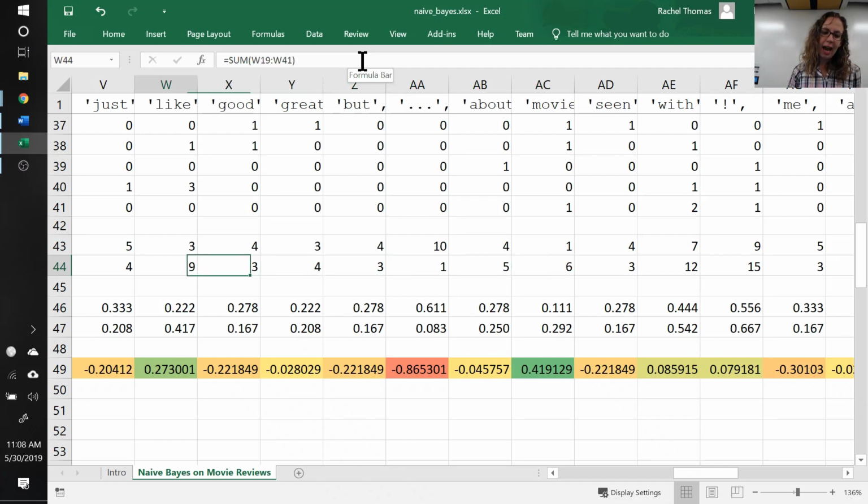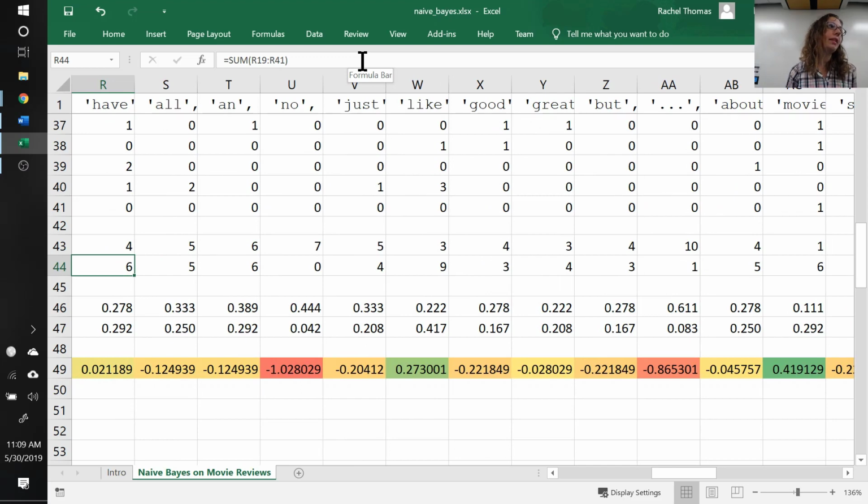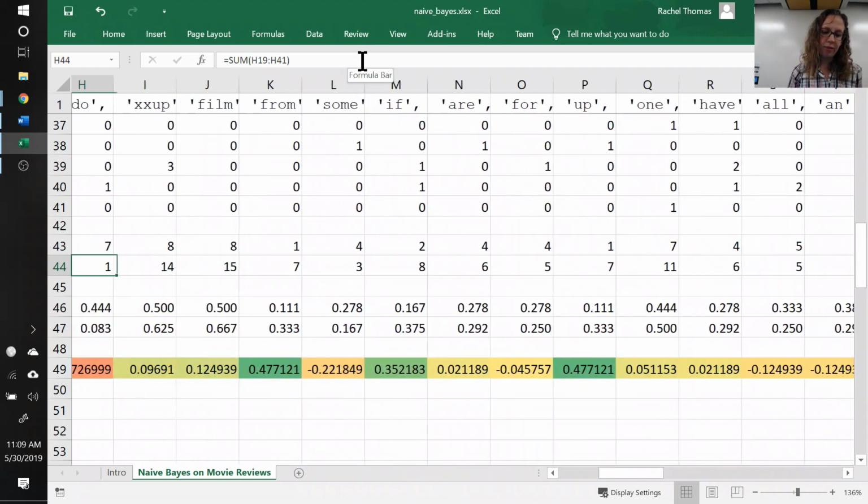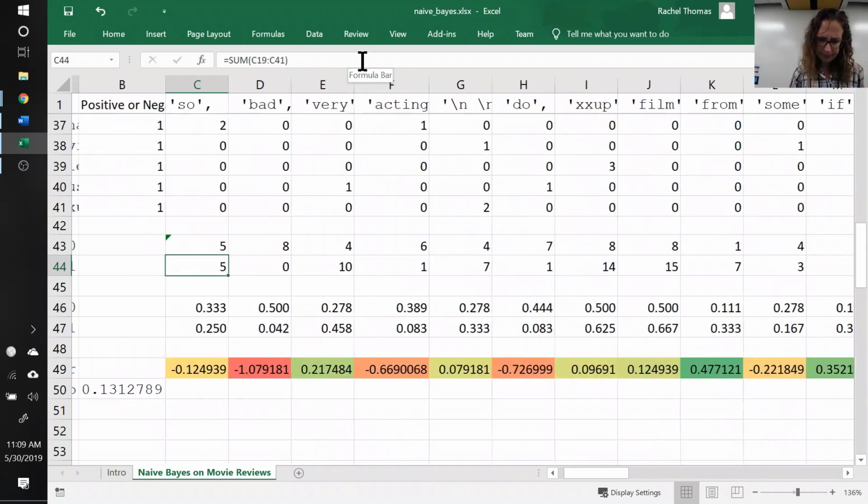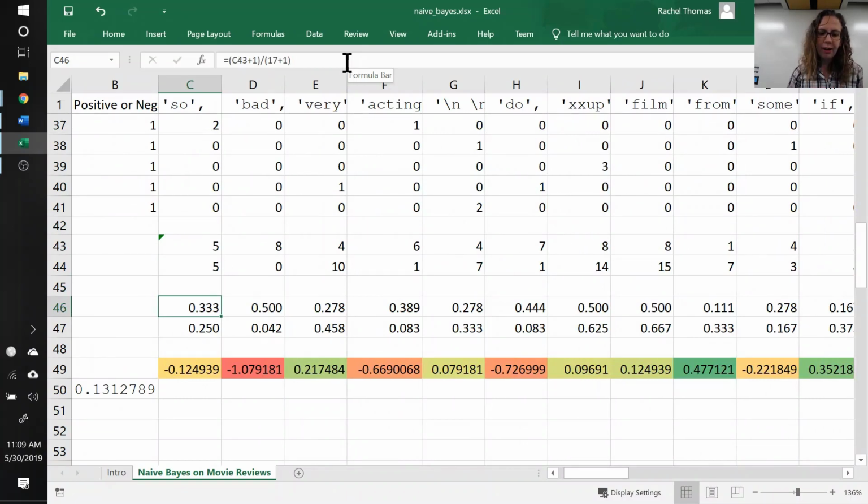So we get these raw counts, and that was what was called P0 and P1 in the previous notebook. Then we calculate PR0 and PR1, and that's just taking the count from before and dividing it by the total number of, in this case, negative reviews, and we've added 1 to both the numerator and the denominator.